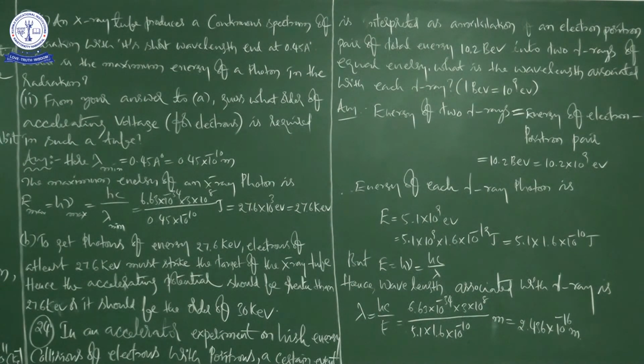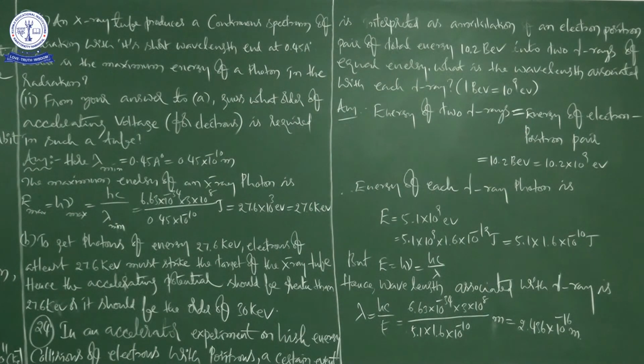See the next problem, problem number 24. In an accelerator experiment on high energy collisions of electrons with positrons, a certain event is interpreted as annihilation of an electron positron pair of total energy 10.2 billion electron volt into 2 gamma rays of equal energy.